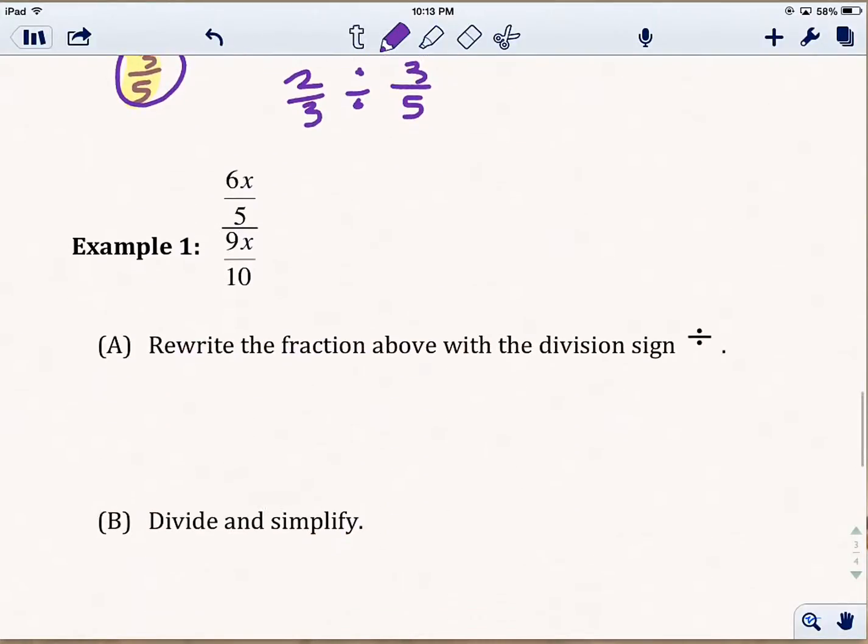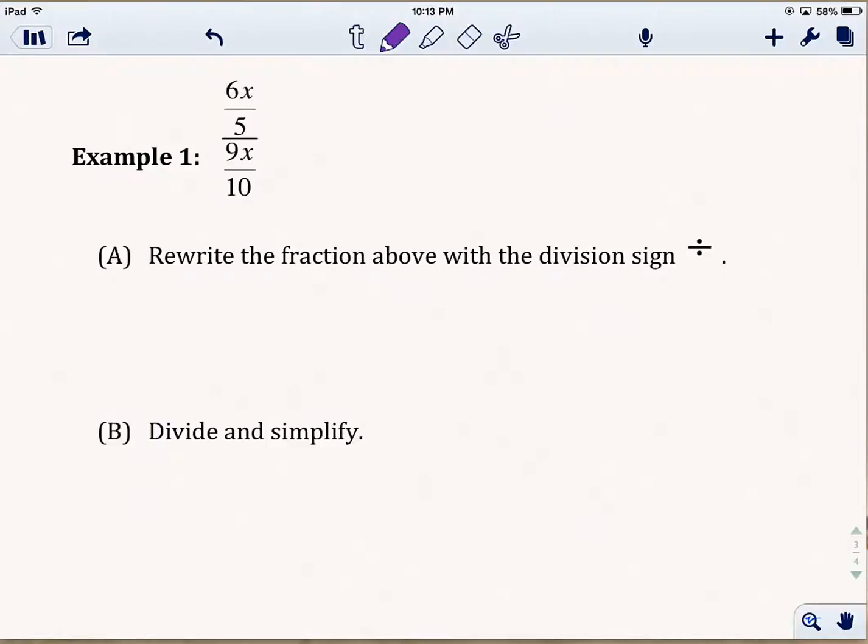So let's look at this algebraic fraction here. 6x over 5, all over 9x divided by 10. Sorry, I can't seem to make my line agree. So let's rewrite this complex fraction using the division sign.